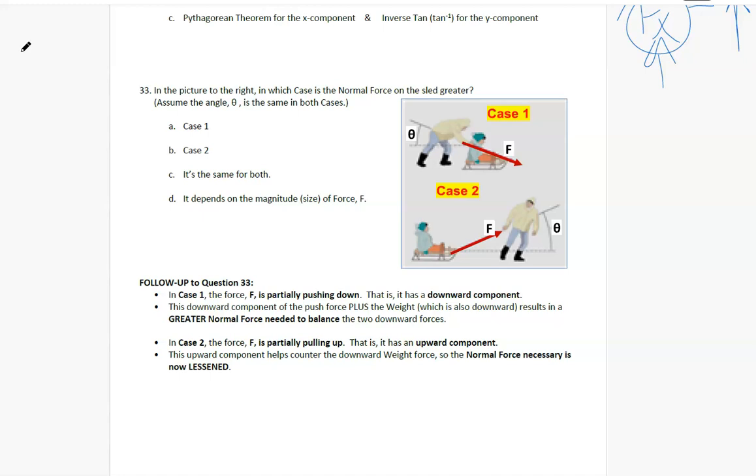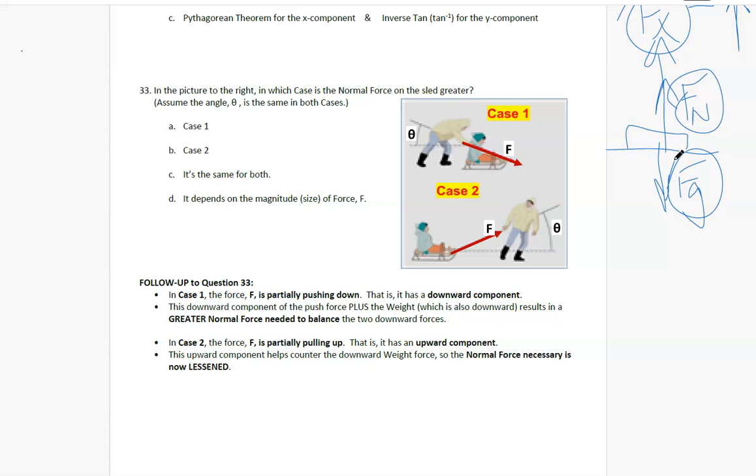And if weight and normal force were the only forces involved in the vertical direction and you were on flat ground, those two forces would be equal. In other words, if we had a sled on the ground, here's the weight force, the normal force would just be pointing straight up, and it would be the same size as the weight force if those were the only two vertical forces.